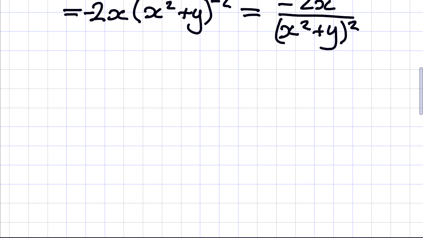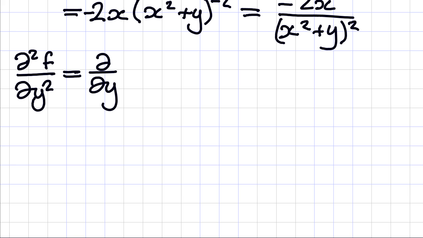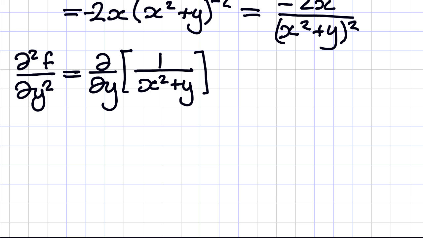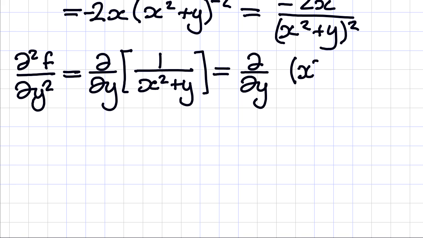Now I also need to calculate the second order derivatives with respect to y. So we'll start with d2f dy squared. So that's d by dy of df dy, and that's just 1 over x squared plus y. So I'm going to write this in a form I can use the chain rule on. So that's d by dy of x squared plus y to the power minus 1.